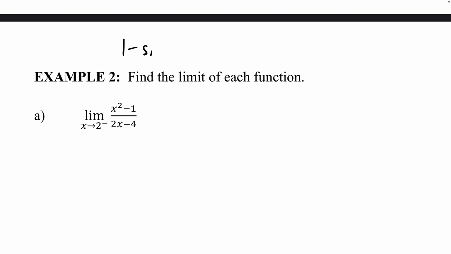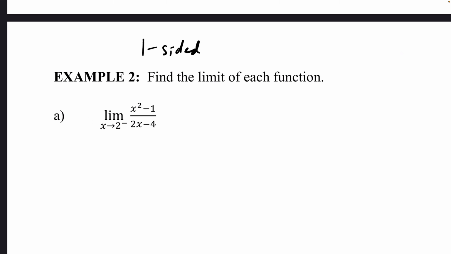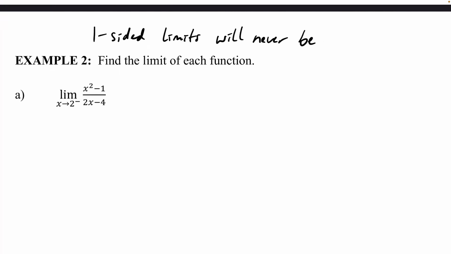So one-sided limits will never be DNE. If you have a one-sided limit, sometimes your instincts will be like, oh, it does not exist. Well, not if it's a one-sided. If it's a two-sided limit, yeah, you could get DNE, right? But not if it's a one-sided limit.